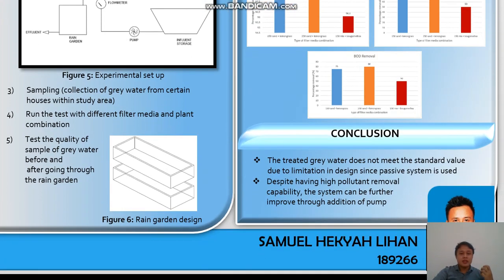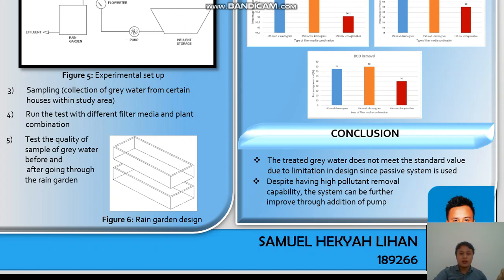So from this, we can conclude that the treated groundwater does not meet the standard value due to limitation of design since passive system is used. Because this rain garden is designed with the assumption that no water pump is used.